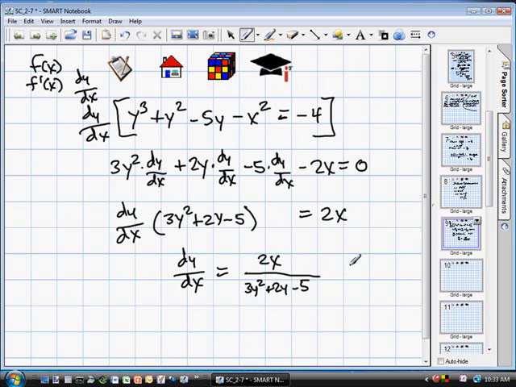Now the key to this whole thing is that whatever you're differentiating with respect to, and 99% of the time that's going to be with respect to x, dy/dx, if you have any other variables there that are non-x, you've got to use the chain rule.